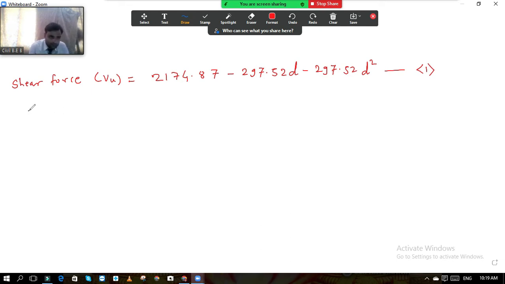Shear resisted by concrete. The notation for this is Vuc. You know that we want to calculate the shear force. What is the formula for shear force?